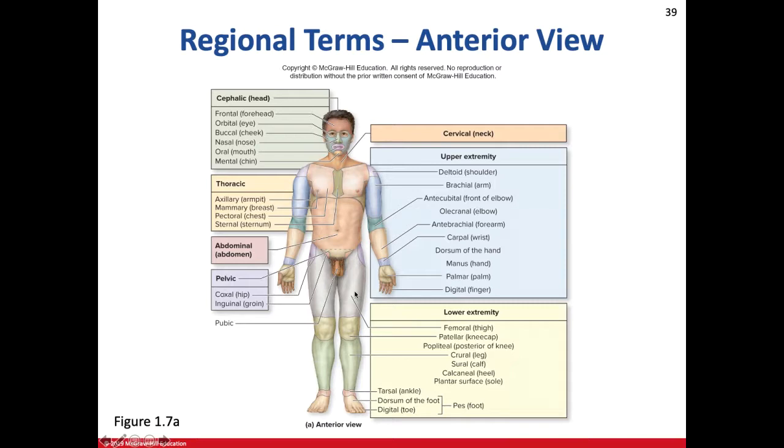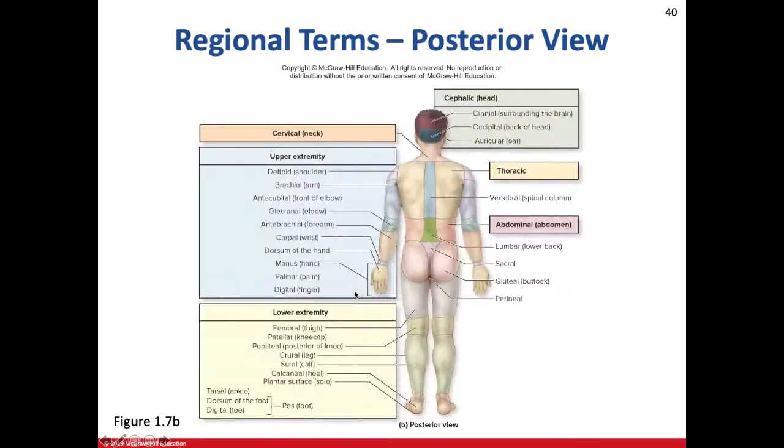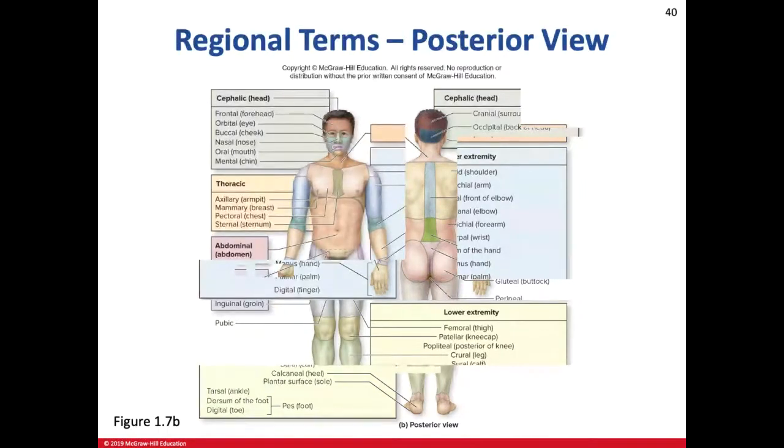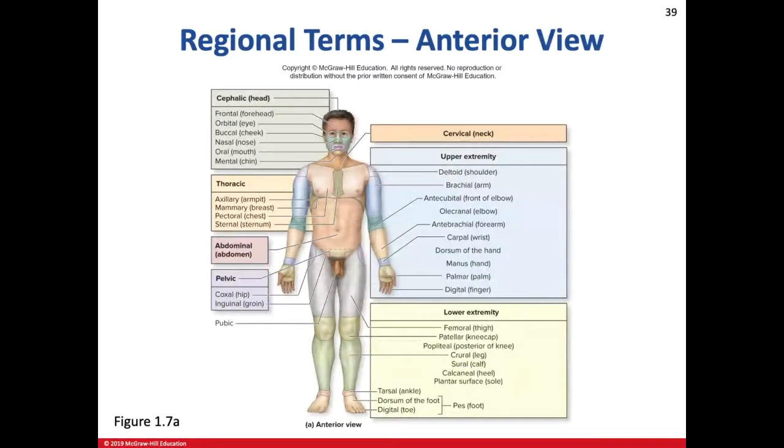There is a 2-headed muscle on the back of the thigh that crosses the back of the knee and attaches to the calf and allows you to bend your knee, and that's called the biceps femoris. There's a major artery that runs through the femoral region called the femoral artery, a major vein called the femoral vein, and a major nerve called the femoral nerve, okay?